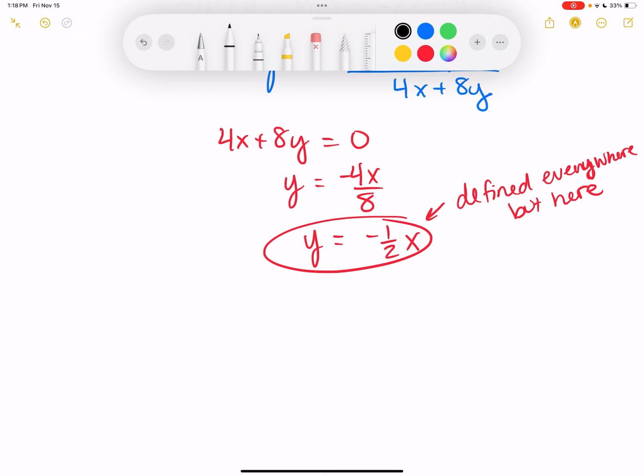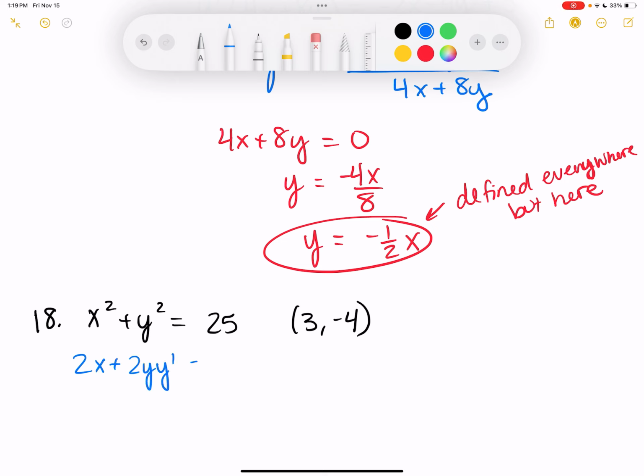Find lines that are tangent and normal to the curve at the given point. x squared plus y squared equals 25 at the point 3, negative 4. It's a derivative. 2x plus 2y prime equals 0.